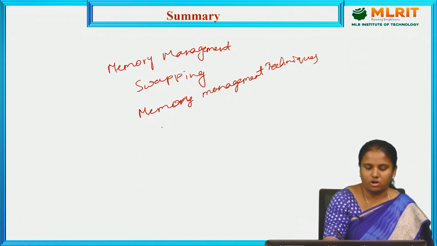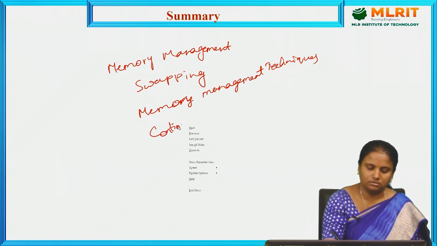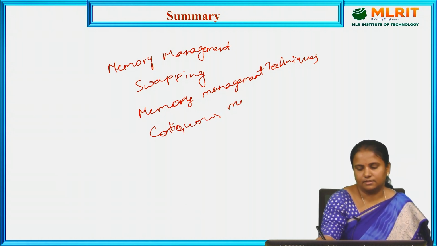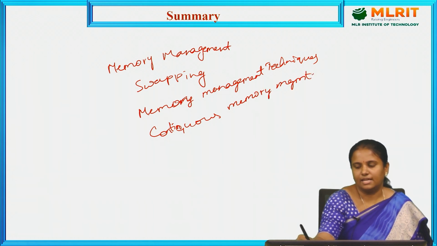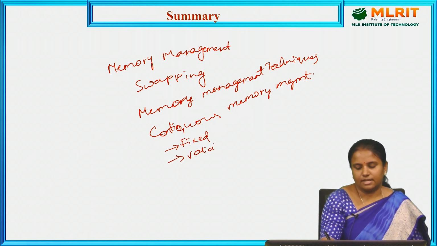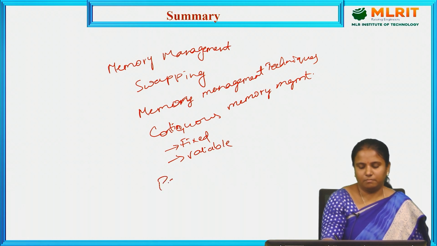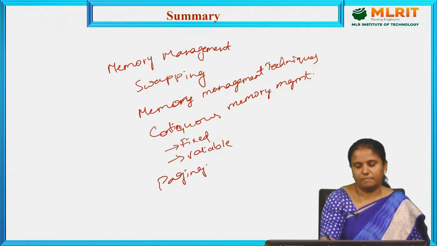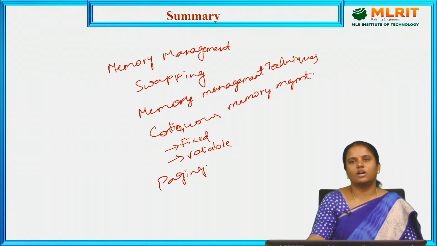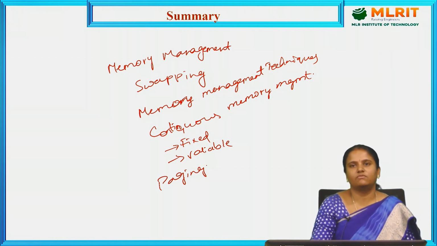One is contiguous memory management, in which we saw fixed partition and variable partition. Next we discussed paging. In paging we saw page numbers, page frames, and how we map logical addresses to physical addresses using them.